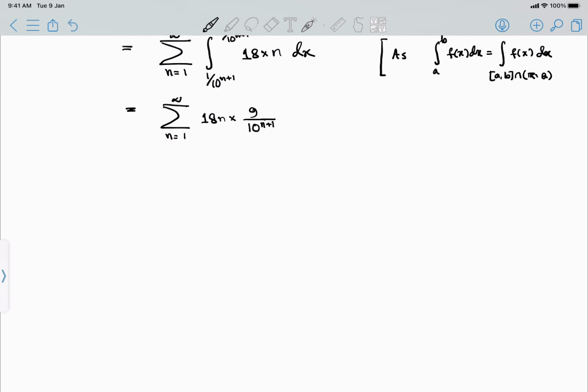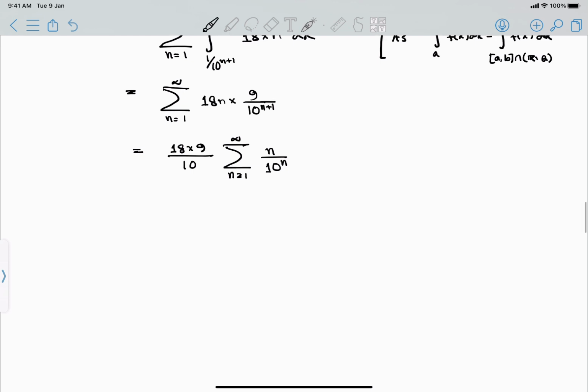Now we have to sum it up. So 18 into 9 by 10, take the common factor. Now the summation is n equals 1 to infinity of n by 10 to the power n.